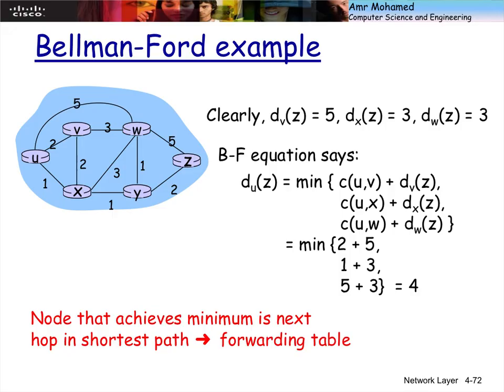That leads us to a very specific characteristic that, on one hand, as we said, we have to exchange these vectors of distances periodically. On the other hand, how many iterations do I have here? So in link state, we have a deterministic number of iterations.